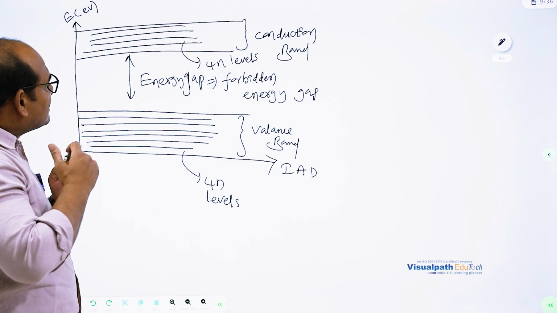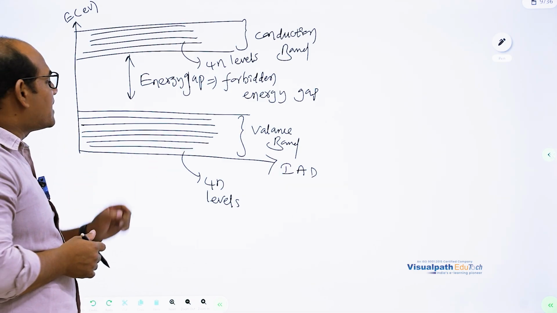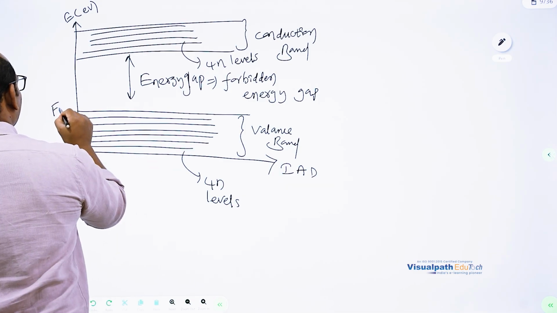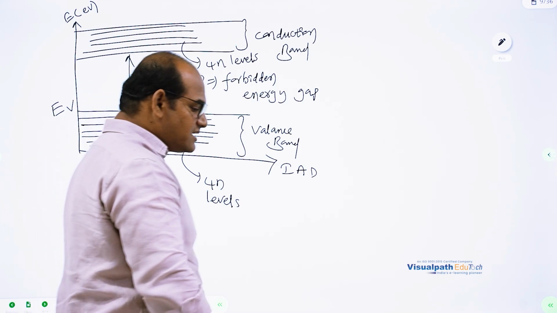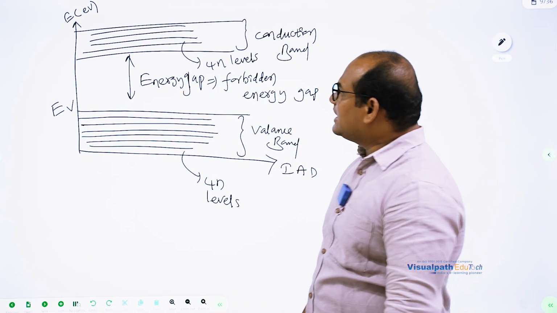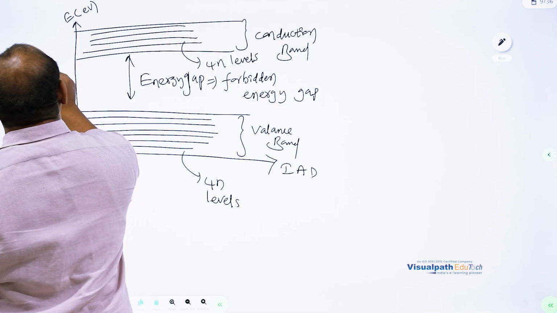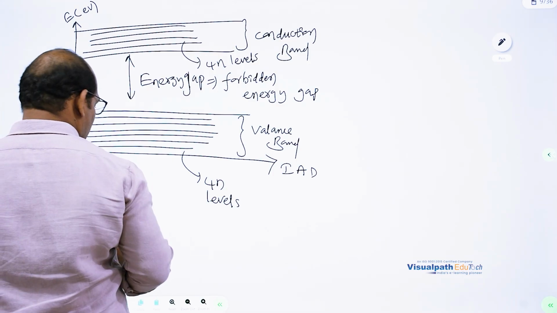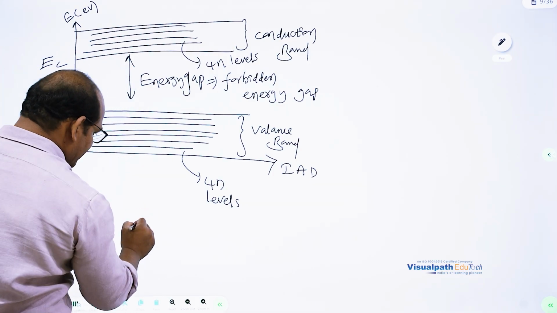And the topmost energy level of the valency band is indicated with EV. EV is the highest energy level available in the valency band. Similarly, the lowest energy level available in the conduction band is EC. So we are going to deal with EV and EC.